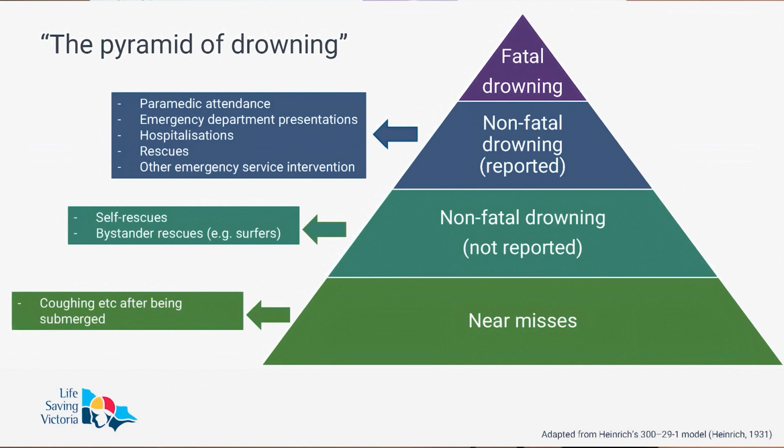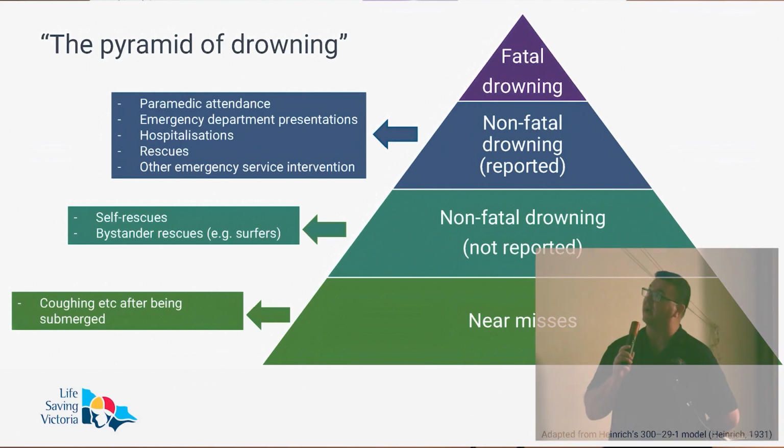When we talk drowning, unfortunately, when it comes to water-based injuries or issues, the problem we face is the collection of data that we've got. So the data, the drowning pyramid, which it's called, is broken into 4 categories.